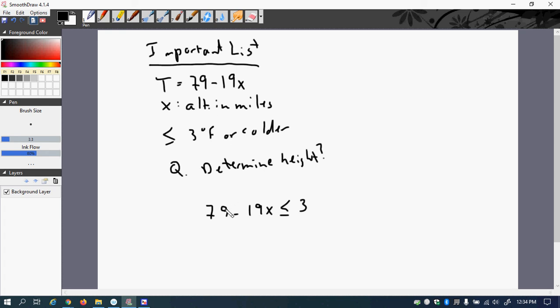And so now I can go ahead and subtract 79 from both sides. Once I do that, I'm going to get negative 19x less than or equal to negative 76. Then I'm going to divide by negative 19.